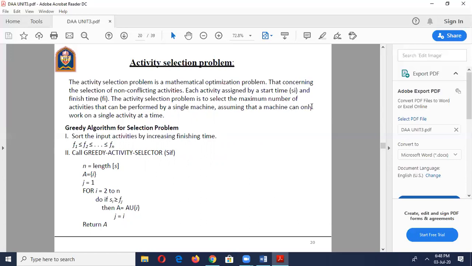The greedy algorithm: first sort the inputs by increasing finishing time. Then call Greedy-Activity-Selector(s, f): n is the length, A is {1}, j is equal to 1. For i equal to 2 to n, do if s_i is greater than or equal to f_j, then A is A union {i}, and j is equal to i. This is the pseudocode. Next slide, sir.